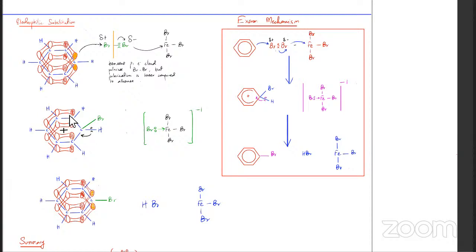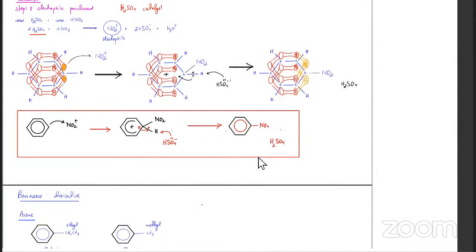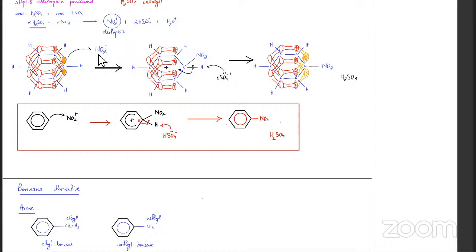In the next step, a carbocation, the benzonium ion, would be formed. It will have a positive charge, and the H would then have to give its electrons back and leave. And in that step, the H over here will get substituted by Br. And you had a similar reaction with NO2+ as well. The NO2+ would come in, same thing. Everything was the same. So that was another mechanism, and this one is exactly the same.